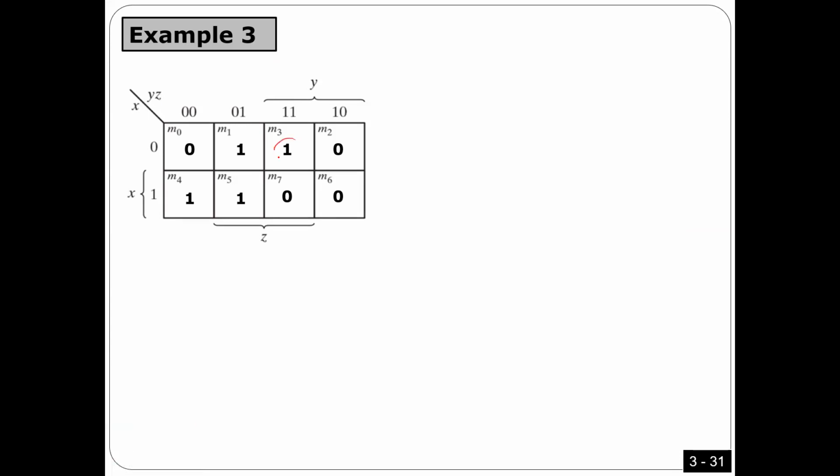Let's look at this one. What options do you have for it? I have two options. I can take it alone, or I can take these two together, because these are neighbors. Which option is better?